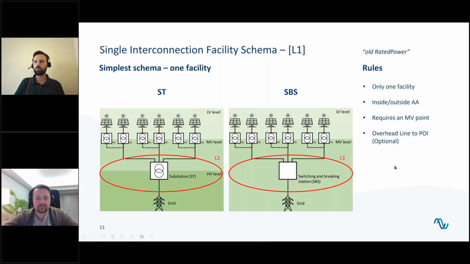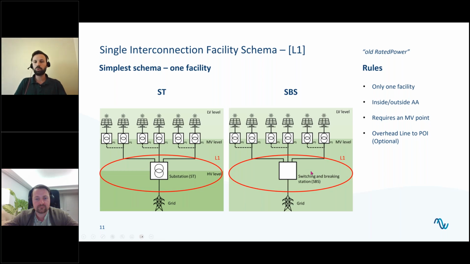Let's get a quick reminder of the main important rules. For this schema, we can only have one facility. This facility can be placed either inside or outside your available area, and it requires an MV point inside. So you need to design a point inside this polygon and call it MV.